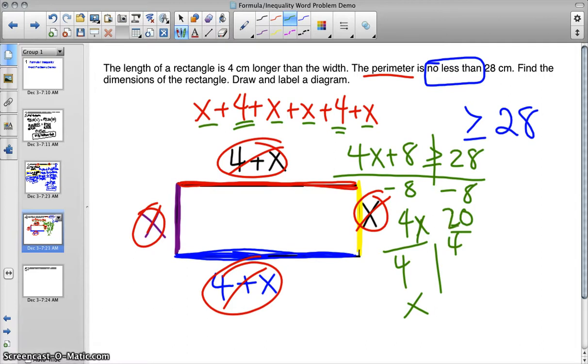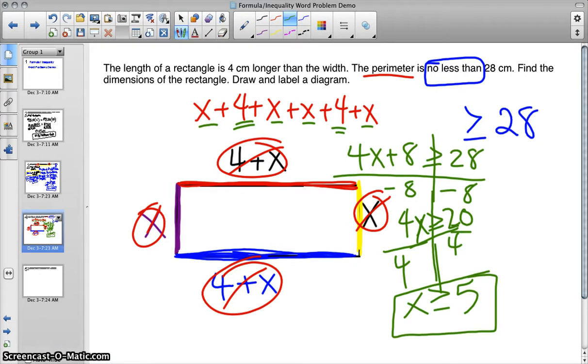I said equal to, this is greater than or equal to. So x is greater than or equal to 5. And remember, the biggest thing with inequalities, if you multiply or divide by a negative, you have to flip your sign. But since we didn't, it stays as x is greater than or equal to 5.